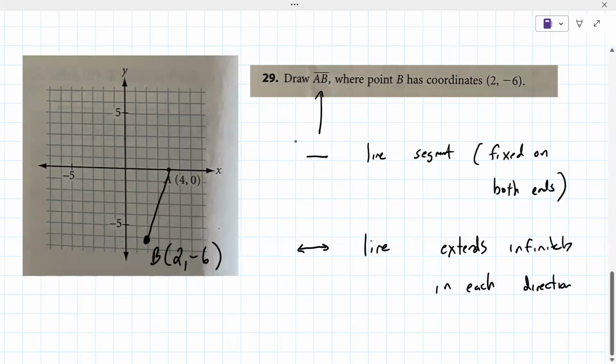So geometry is very specific. It's more like an English punctuation class. So you put the point B in and then connect it with a line segment. Okay, so (2, -6). And then we'll do the next one here for 30.